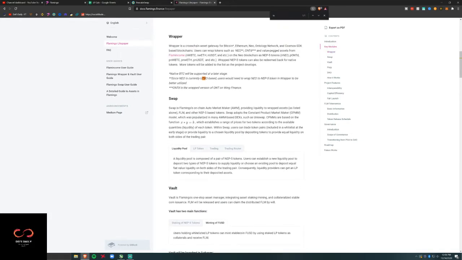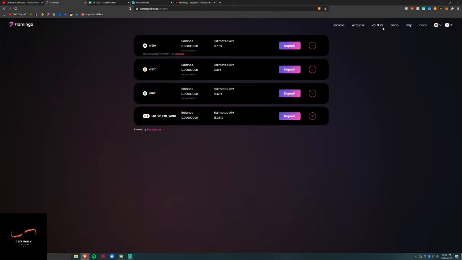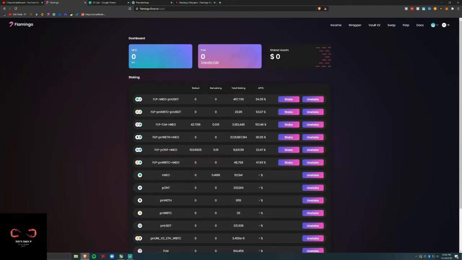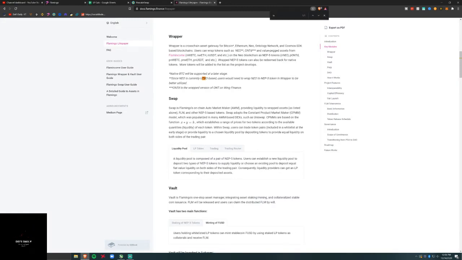A couple of days later, that phase ended, and then they allowed the vault. The vault was where you could stake these liquidity pool tokens, which you earn in the swap. Now, what is the swap? Well, the swap is the automated market maker that provides liquidity to the wrapped assets. What you are essentially going to do is no different than the x times y equals k that Uniswap uses.